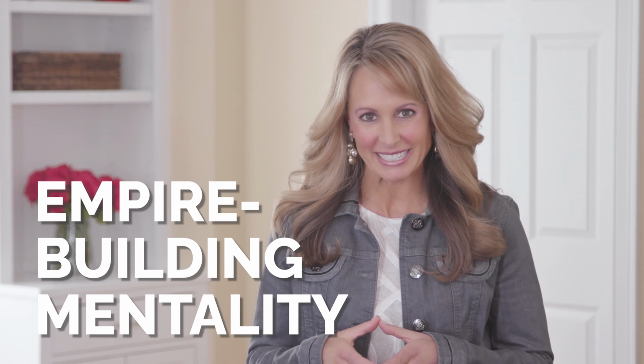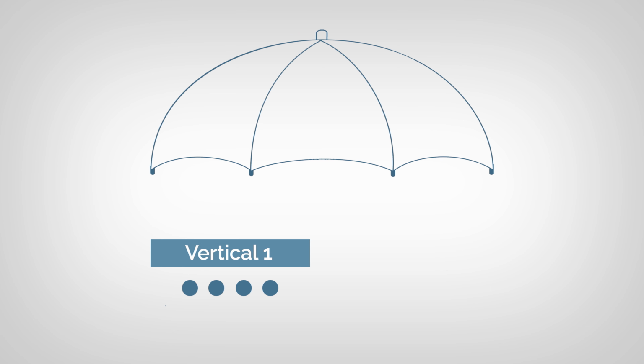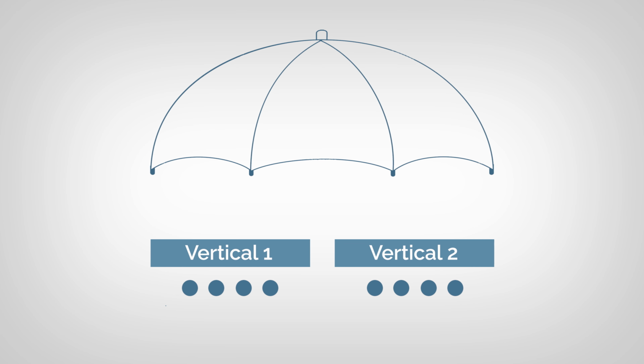Sometimes I meet investors who have an empire building mentality. They want to get into one business, get it up and going, and maybe scale that to 2 or 3 locations. And then they want to come back and invest in another business. And so we talk about forming a parent organization and having multiple units of one franchise and then multiple units of another franchise.